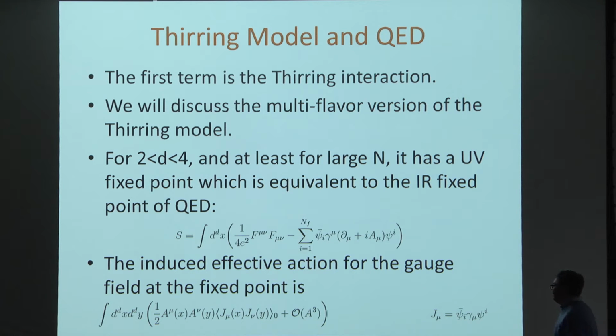From the point of view of the Thirring model, you have an emergent gauge field, but in QED, it's just present automatically. Both of them at the fixed point have exactly the same induced effective action, which is non-local, because the quadratic term is just given by the 2-point function of this current operator.